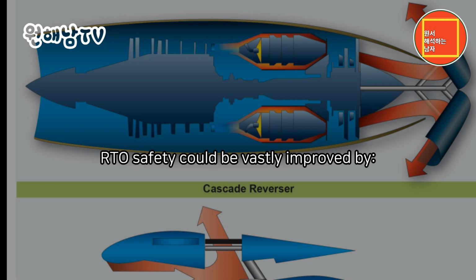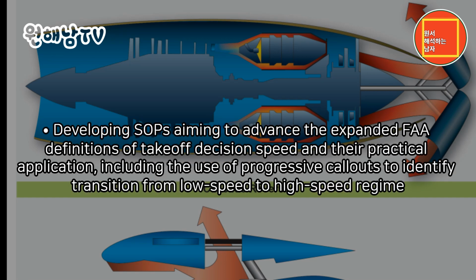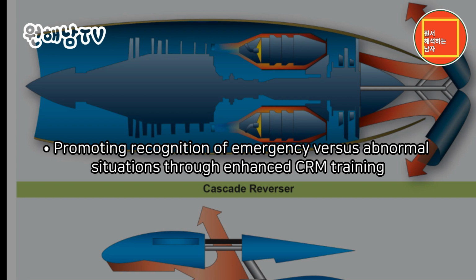RTO safety could be vastly improved by developing SOPs aiming to advance the expanded FAA definitions of takeoff decision speed in their practical application, including the use of progressive callouts to identify transition from low-speed to high-speed regime. Promoting recognition of emergency versus abnormal situations through enhanced CRM training.